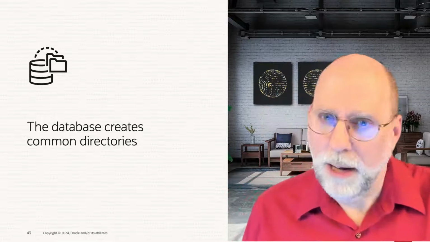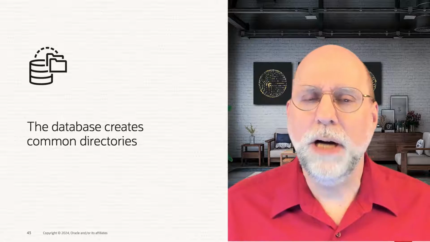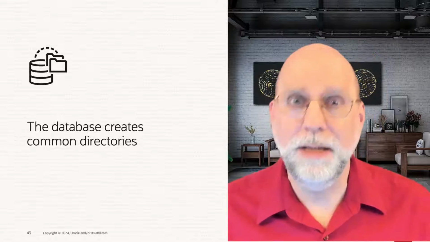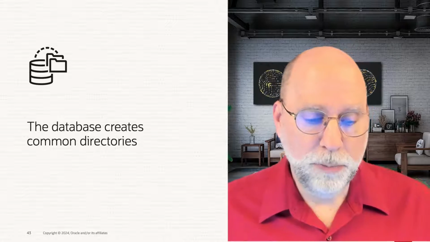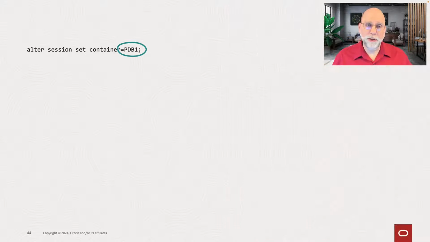Now, directory objects are a little different here because there are some directory objects that are supplied by Oracle, and one of them happens to be owned by my team, the Datapump team, Datapump Dir. Now, let's consider the case of having a bunch of pluggable databases, and you want to be able to export, and you want to use that default location.